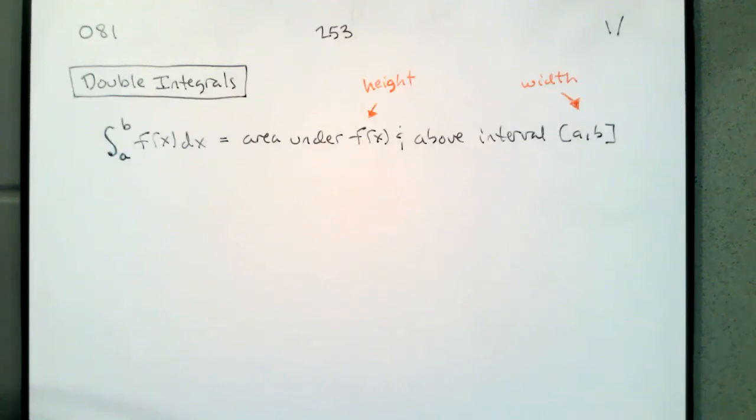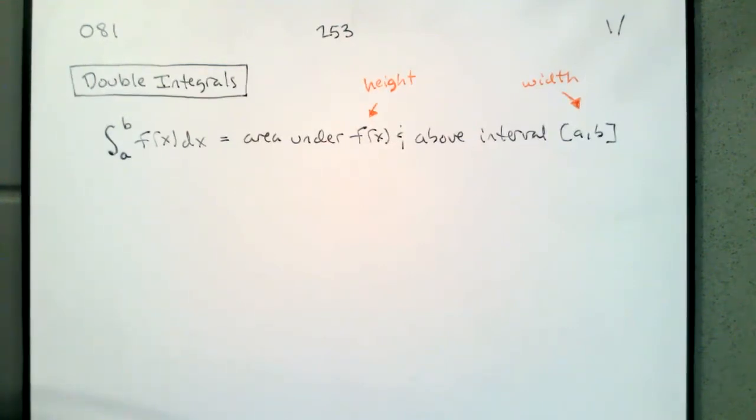So where the function f of x is a one-dimensional curve in R2, a function f of xy is a two-dimensional surface in R3. So we wouldn't want to talk about the area under the surface. We would want to talk about the volume under the surface.